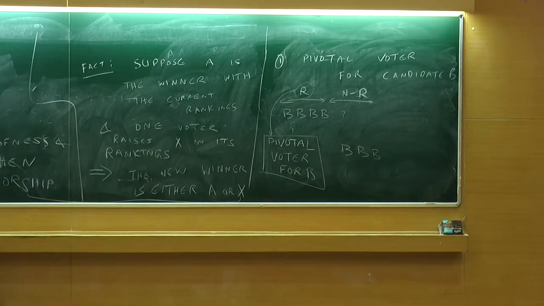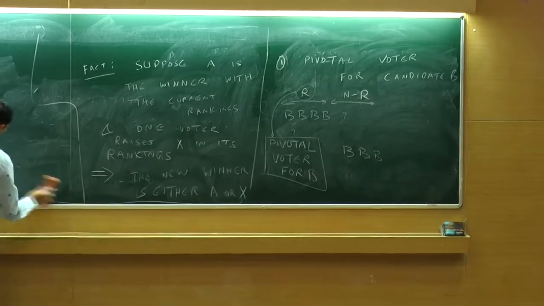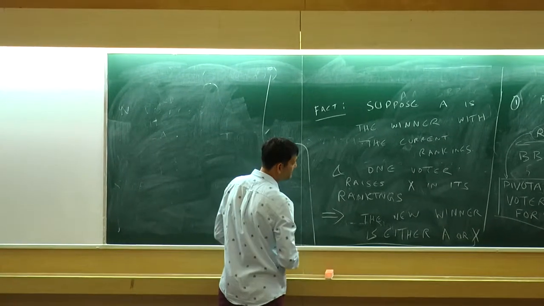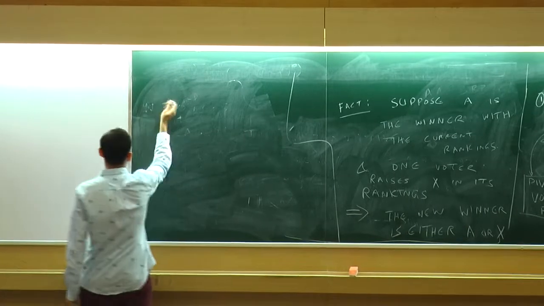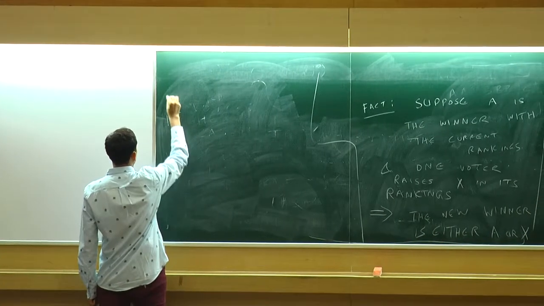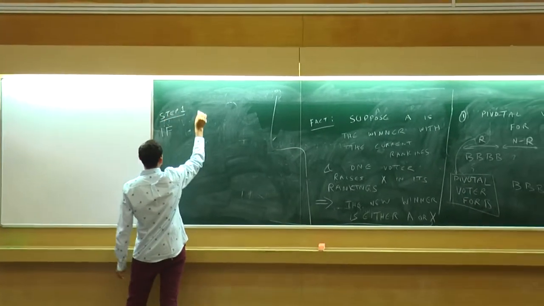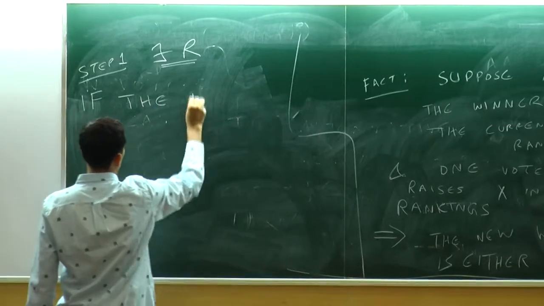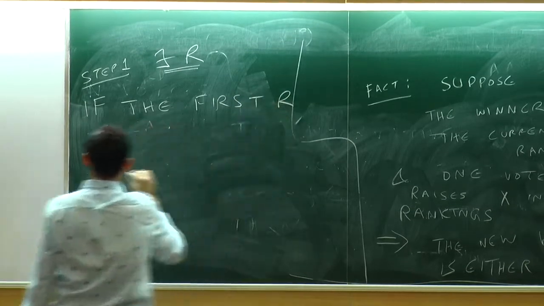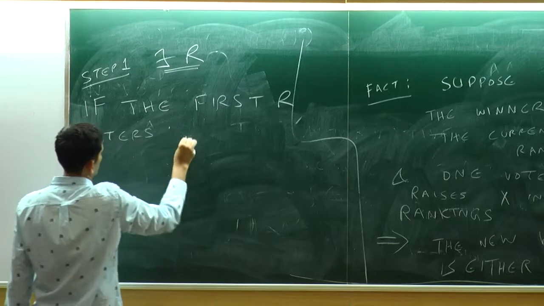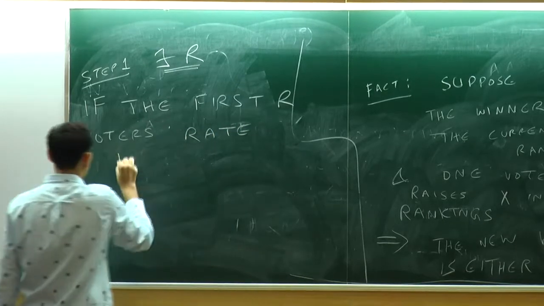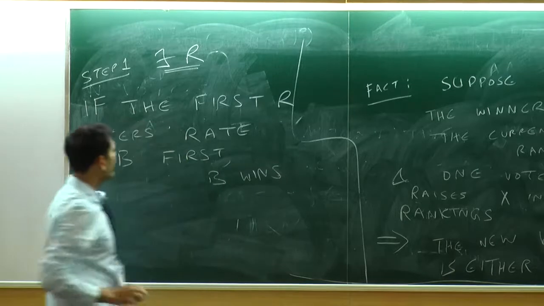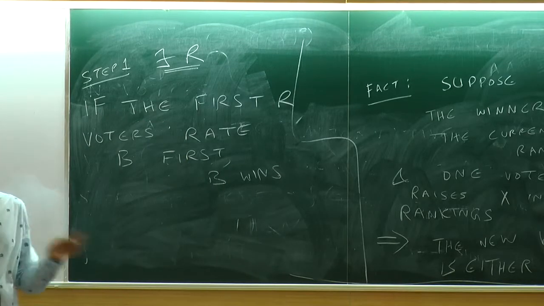So the exact statement of step 1 is that there exists R such that if the first R voters rate B first, then B wins, regardless of what anyone else is doing.